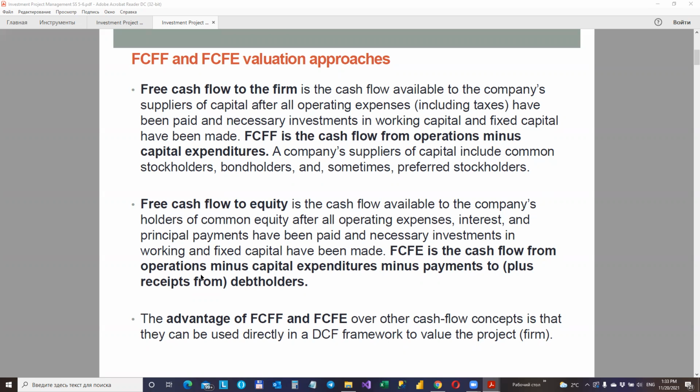Other cash flow or earnings related measures such as CFO, net income, EBIT, and EBITDA do not have this property because they either double count or omit cash flows in some way. For example, EBIT and EBITDA are before tax measures, and the cash flows available to investors must be after tax.